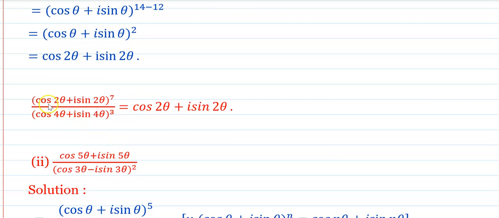Hence the value of (cos 2θ plus i sin 2θ) to the power 7 upon (cos 4θ plus i sin 4θ) to the power 3 equals cos 2θ plus i sin 2θ.